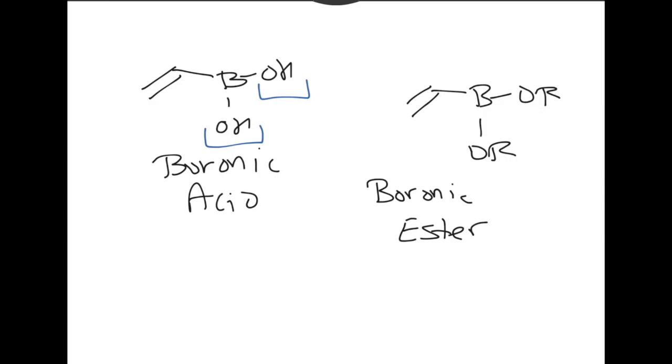So the palladium reacts with the RX, our halide, does oxidative insertion, goes from palladium 0 to palladium 2. Then it does what they call a metathesis or whatever. It loses a halide and becomes OR. Then it transmetallates.